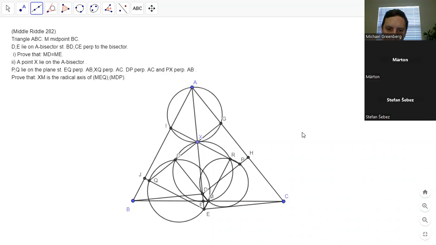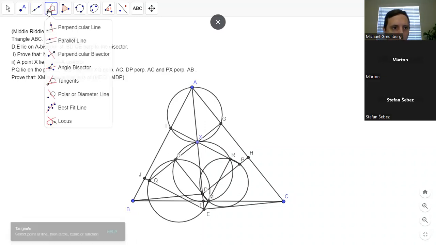ODP and QER, that's what we want. Does XA bisect the angle PXQ? Let's see.